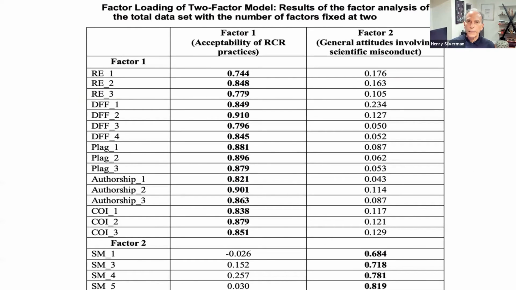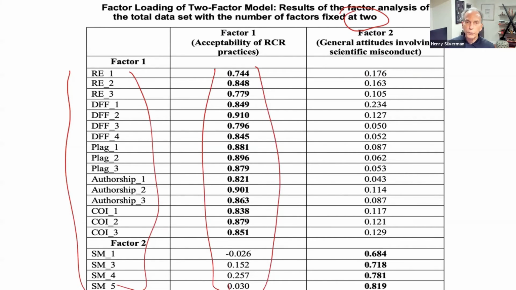So here's an example of the results of the analysis of the total data set with the number of factors fixed at 2. The factor analysis, again, generates 2 factors, and these are the factor loadings for all the questionnaire items. And we see, again, what's called factor loading or correlation coefficients for this factor. And we see the correlation coefficients or the factor loadings in the second factor.